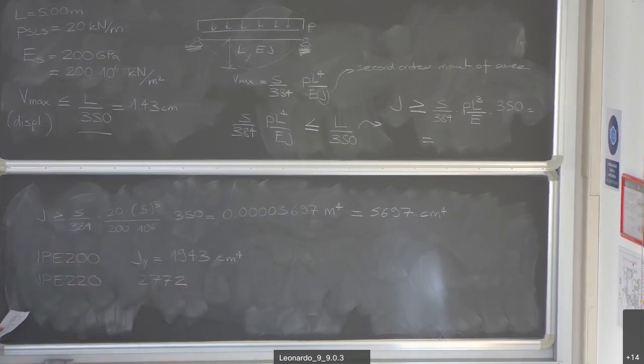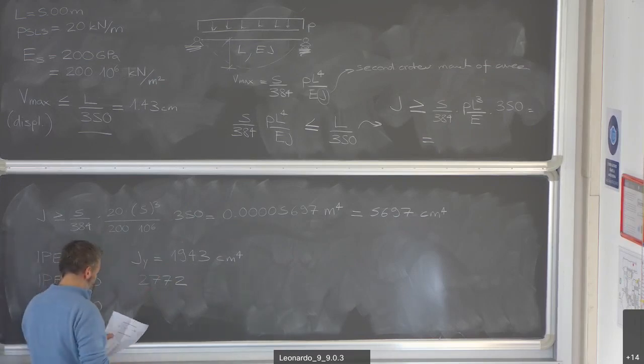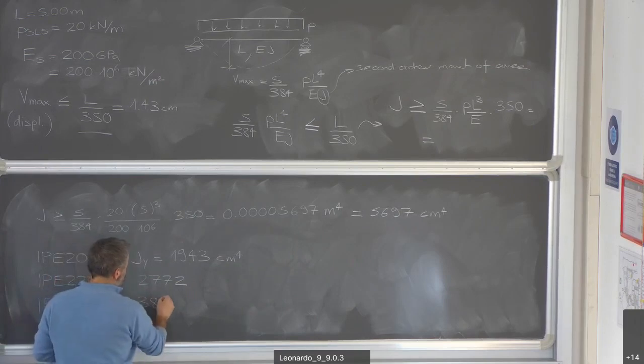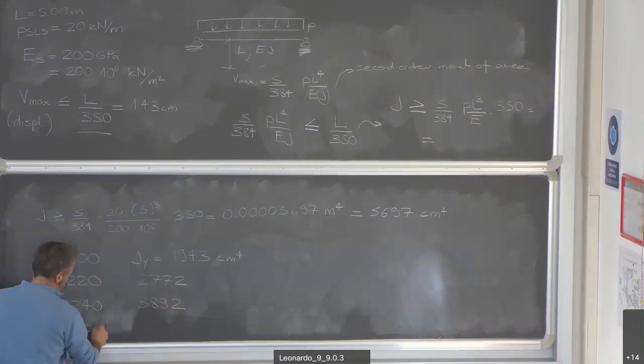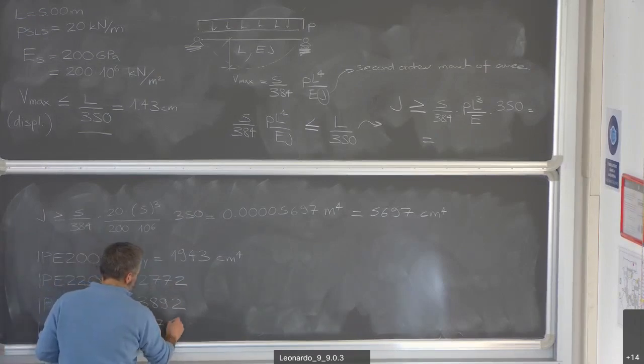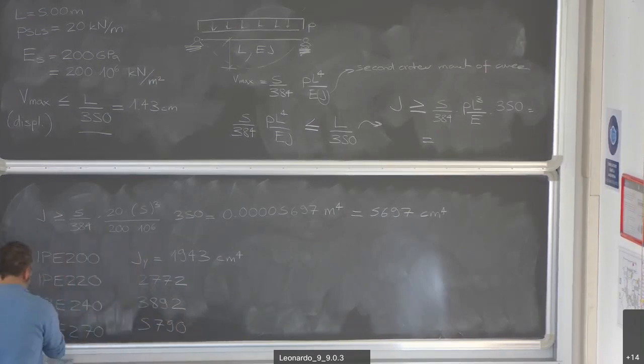If I have an IPE 240, 3892. If I have an IPE 270, 5790. That's the one.